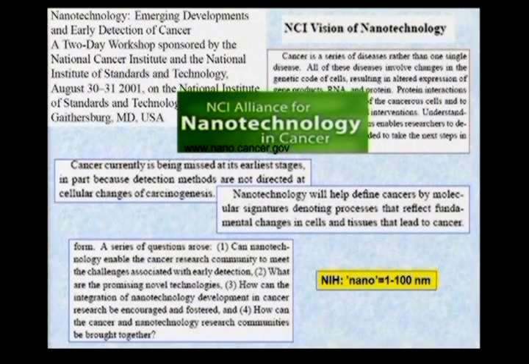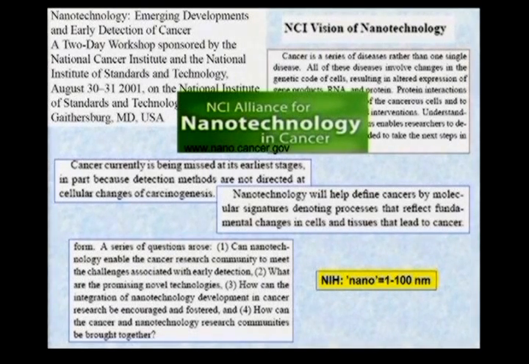About 10 or so years ago, as a result of the advances that material scientists particularly made in developing nanotechnologies, the National Cancer Institute in the US actually allocated 5% of its budget, which was a huge amount of money, to nanotechnology applied to cancer. And that really stimulated a lot of work.